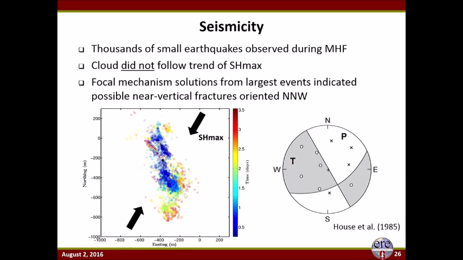So that's significantly different than you might expect if a large planar fracture was propagating in the direction of the maximum principal stress. And there were also several focal mechanism analyses that suggested that perhaps slip was occurring on near vertical fractures. And one of the nodal planes suggested that they could be oriented north 30 degrees west.